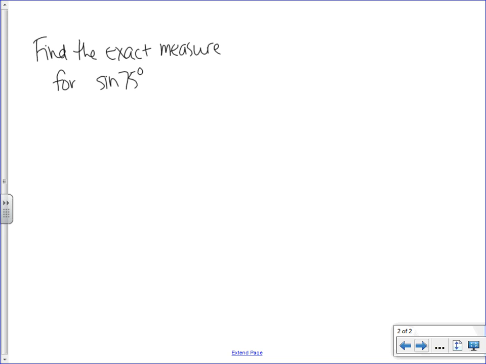Now looking at the sine of 75, 75 is definitely in quadrant 1, so it is its own reference angle. And 75 is not something that's nice on the unit circle, and it's not a part of our special right triangles.